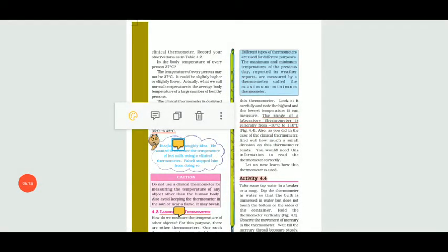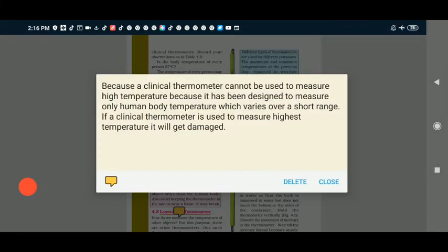Now again, the question arises why the clinical thermometer has a short range, that is 35 degrees Celsius to 42 degrees Celsius. The answer is because a clinical thermometer reads the temperature only from 35 to 42 degrees Celsius.